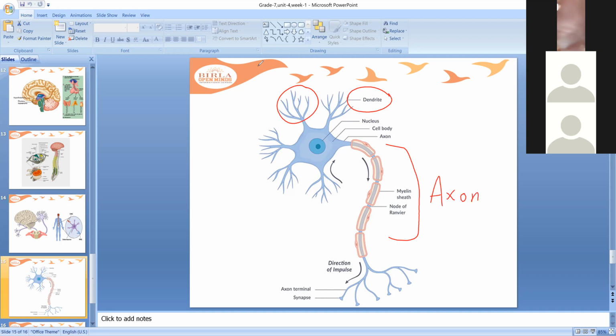Again, there are different parts which are named myelin sheath and node of Ranvier. Here there is a node where it connects these two sheaths. So it will be more detailed for you, because you'll learn it in your higher grades.